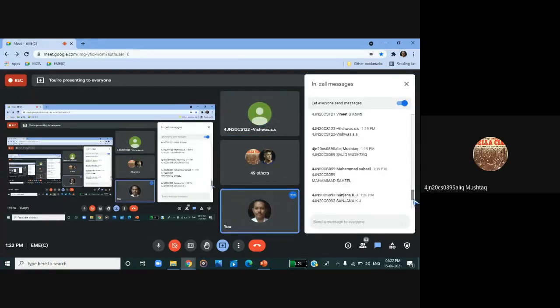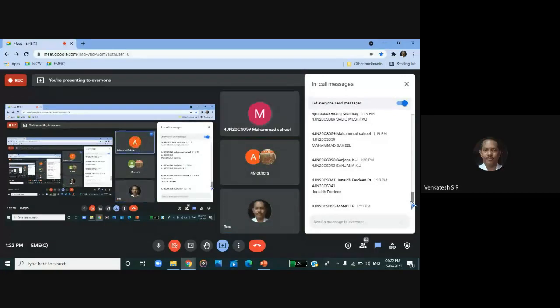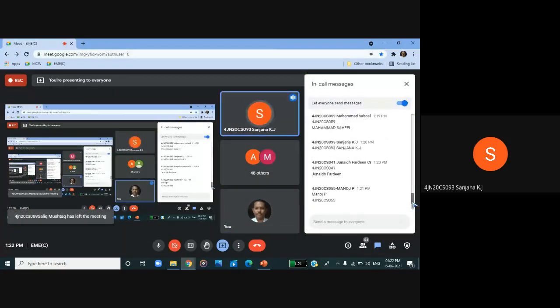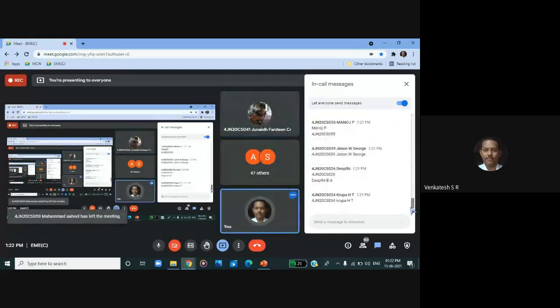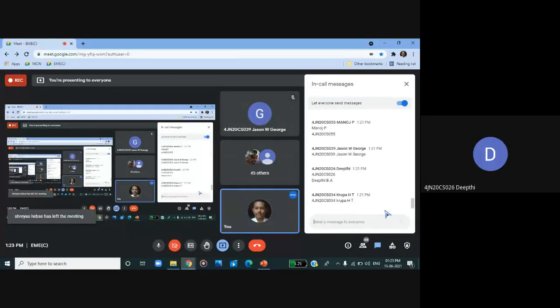Salik. Present, sir. Mohammad Sahil. Sanjana KJ. Present, sir. Junaid. Present, sir. Manoj P. Present, sir. Deepti. Present, sir. Krupa HT.